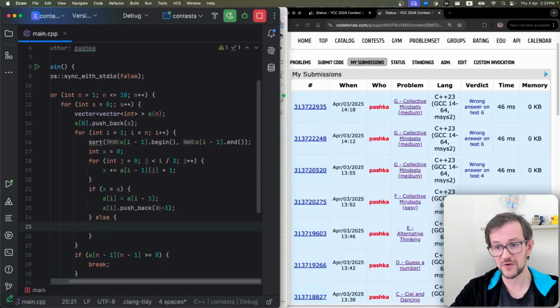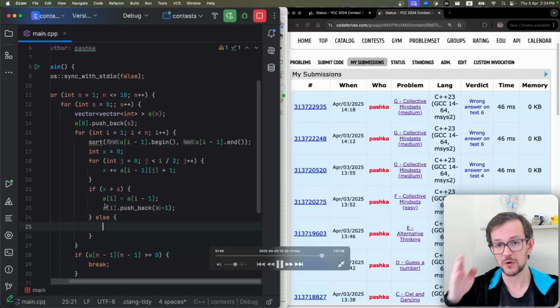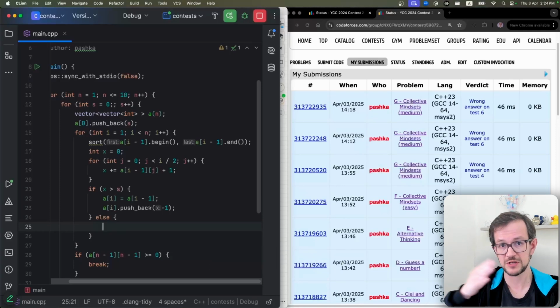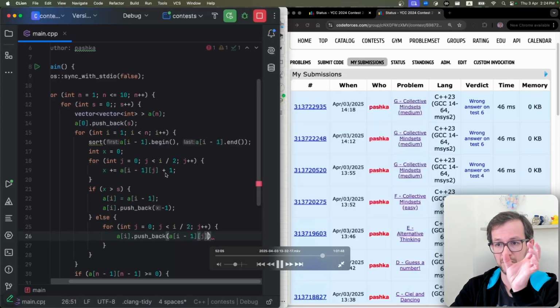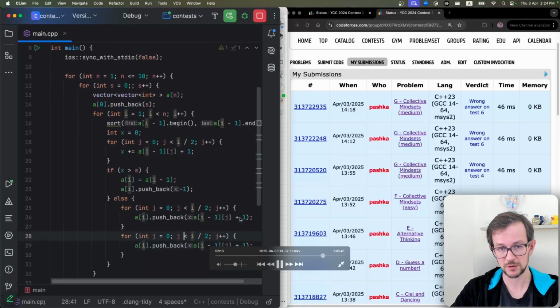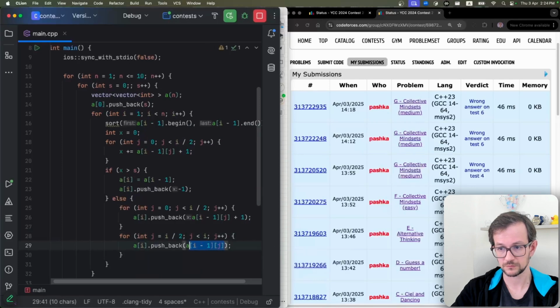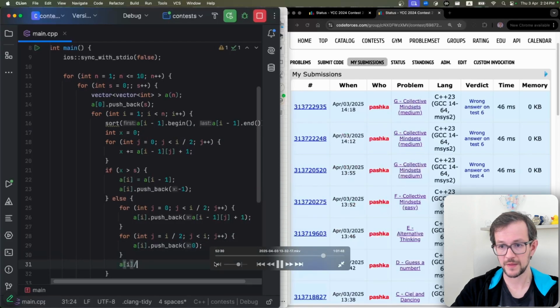If I have enough coins, I will bribe all these people and give 0 to everyone else. So I iterate over the first half of people, give them this amount plus 1, and then I give 0 to everyone else, and then I give myself all the remaining coins.